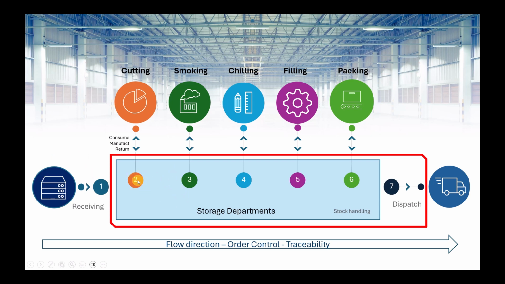And these goods you can consume to a department, where you can either return them or you can manufacture another product, which goes back to your storage. And you can do that a lot of times in Scanplant until finally you are dispatching your goods to a customer on a sales order.